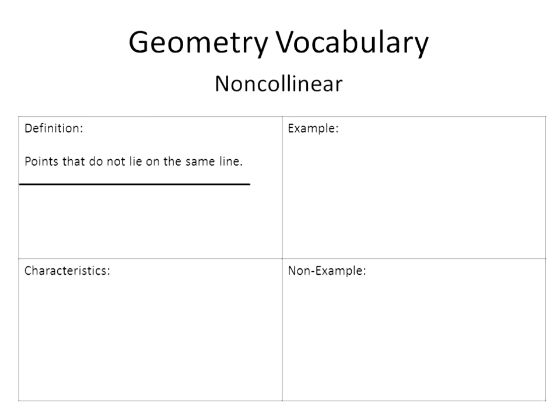So if they're non-collinear, they're not on the same line. So that becomes like our non-example from the previous one, wouldn't it? So can you guys fill in actual examples and non-examples on your own with this?